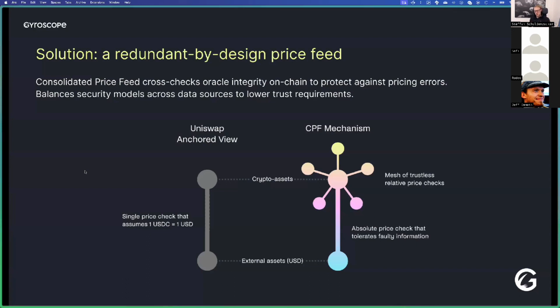So essentially what the system does is you get the vector of prices. The system says, if this vector of prices is correct, then I can also compute relative prices, and then it will compare that to certain on-chain DEX pools. And if everything is approximately in order, then this is a normal state. And if it's not, then the system says, well, this is an extremely unusual market state.